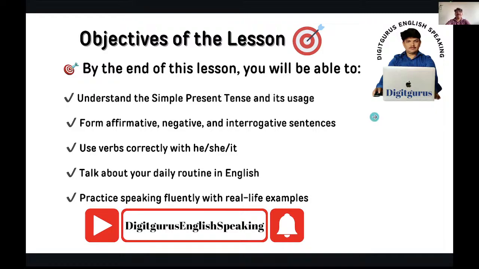Form affirmative, negative, and interrogative sentences. Use verbs correctly with he, she, it. Talk about your daily routine in English. Practice speaking fluently with real life examples.